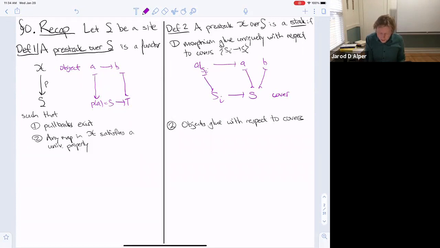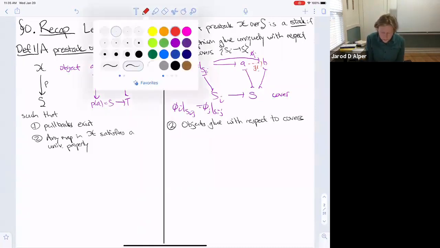Suppose you have maps phi_i from the pullback to B that are compatible, meaning that phi restricted to the fiber product agree, because they're morphisms, you can declare them to be equal. Then the condition is that there exists a unique map A to B, which restricts to the given maps. So that's the statement that morphisms glue.